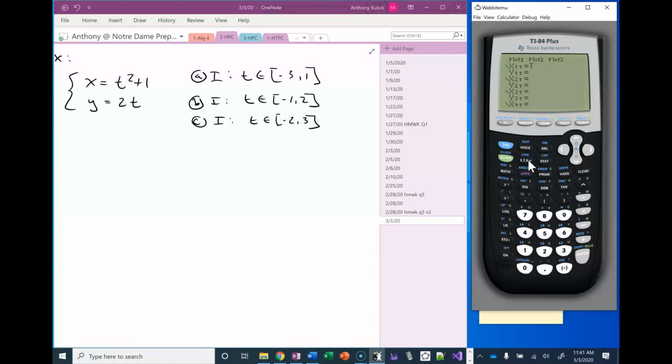If I press the variable button, notice that this time it automatically gave me a t instead of an x. The calculator knows which mode I'm in, and because I'm in parametric mode, it's automatically giving me a t instead of an x there. Okay, I just press the regular variable button where I usually get my x, and I'll do 2t.